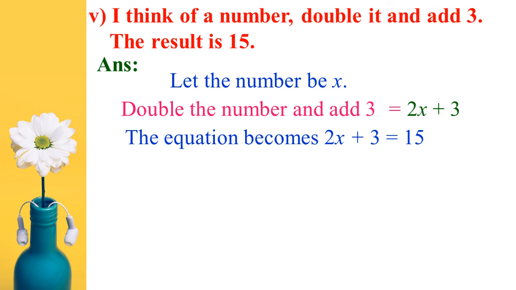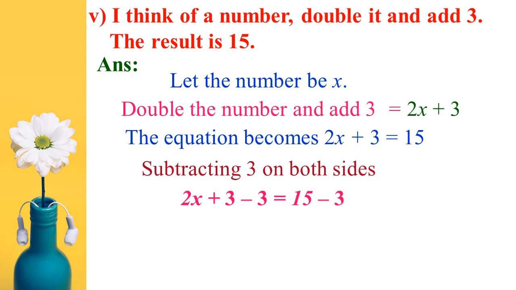Now the equation becomes 2x plus 3 equal to 15. Now subtracting 3 on both sides. So 2x plus 3 minus 3 equal to 15 minus 3. We get 2x equal to 12.